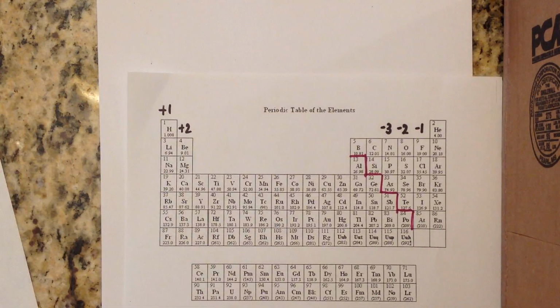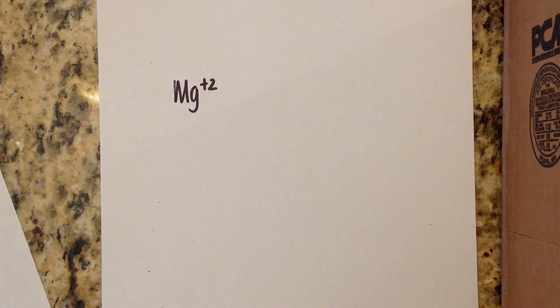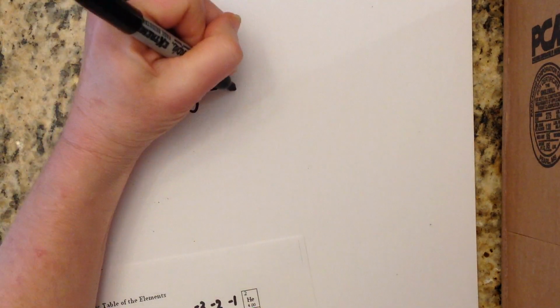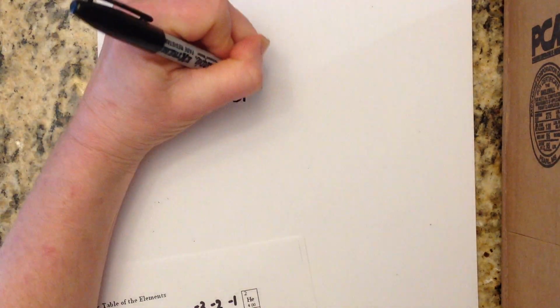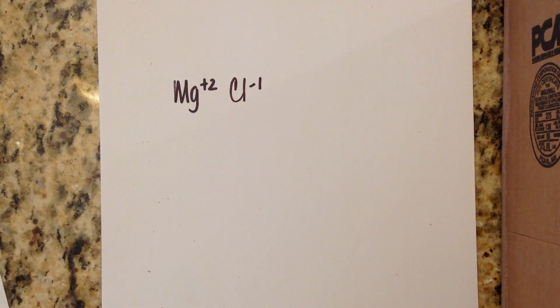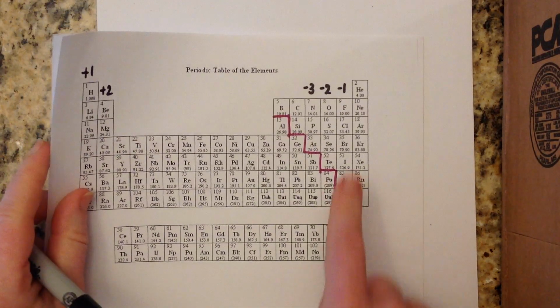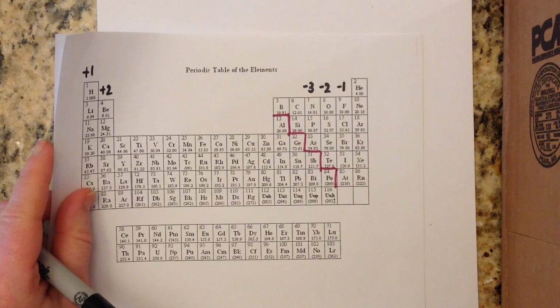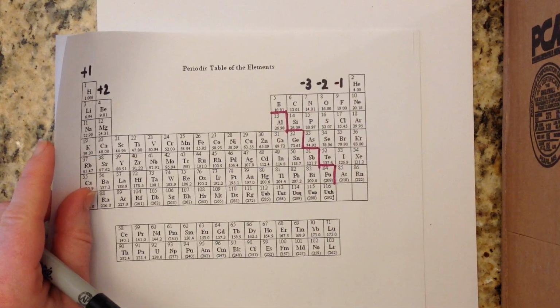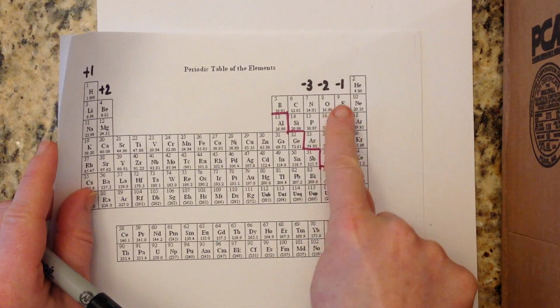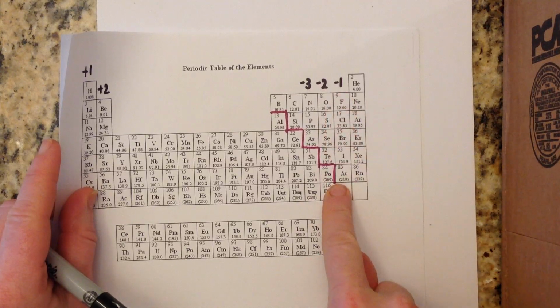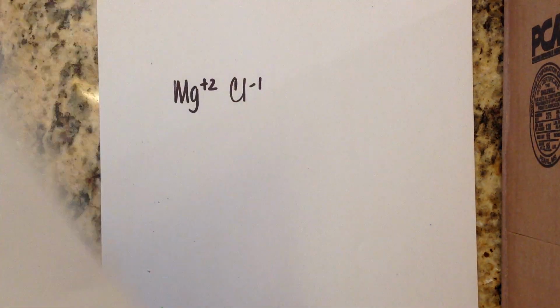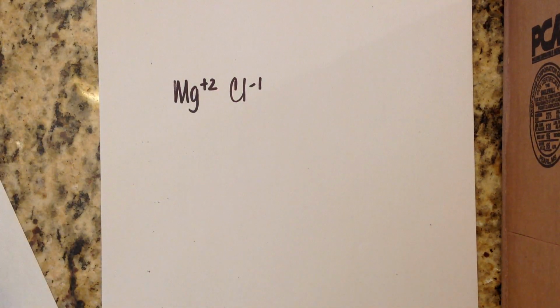That's how I know it has a +2 charge. And we know that chloride has a -1 charge, and we know that because chlorine is in the halogen column, which has a -1 charge. Literally, I cannot stress this enough, you know the charge based on the column it's in. They're really easy to remember, but you can always look at your periodic table for now if you need to.